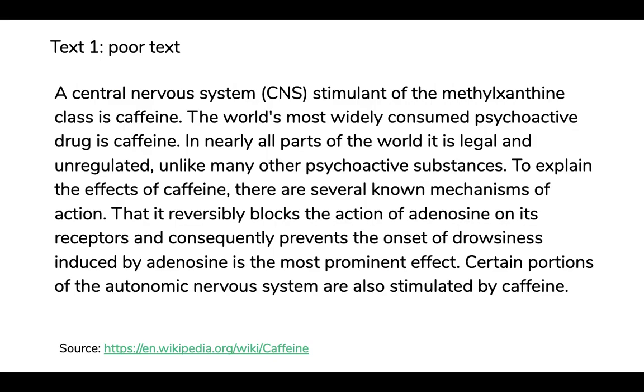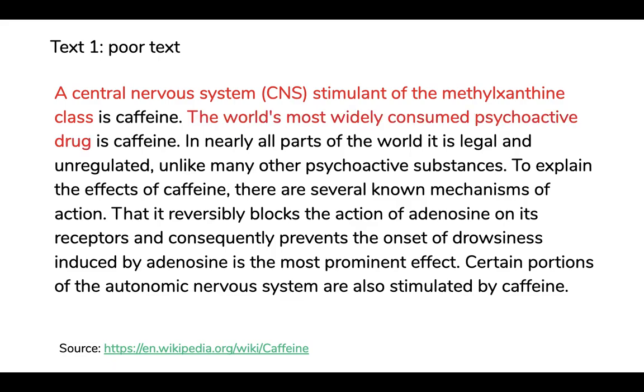Okay, now try this with the poor text. Pause the video and see if you can find the links backward in the first couple of sentences. All right, it very quickly becomes clear why this text is problematic. In the first sentence, the old information, or the given information, would orient us towards the central nervous system.